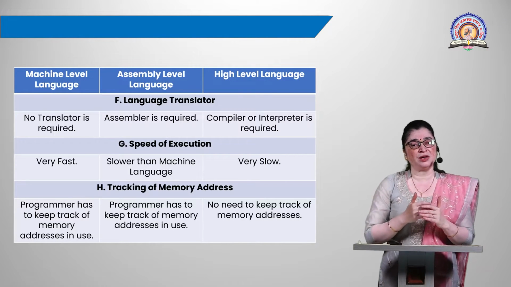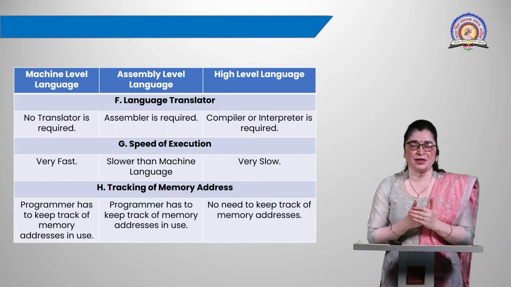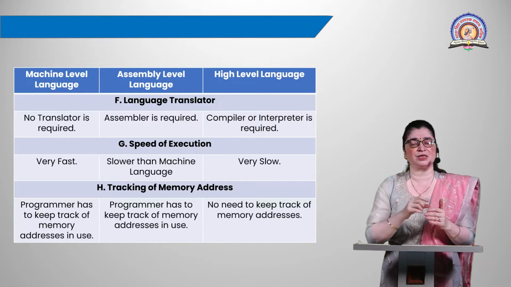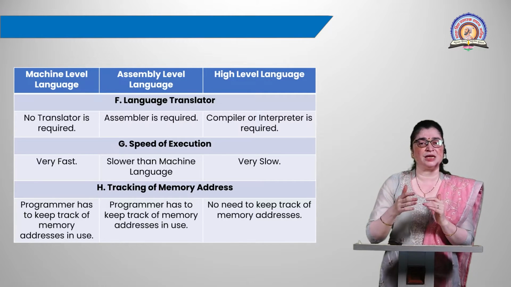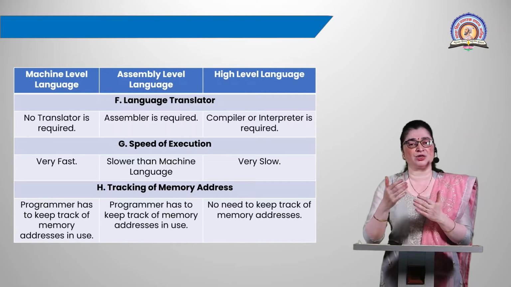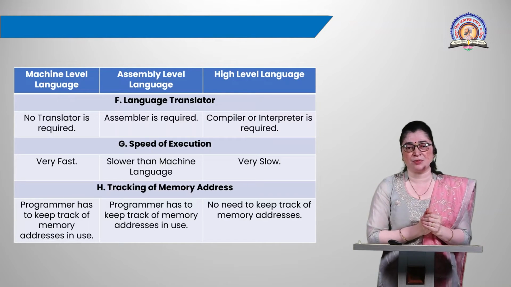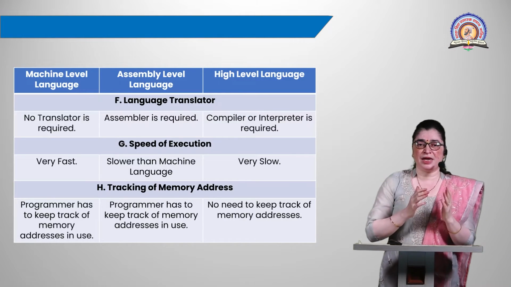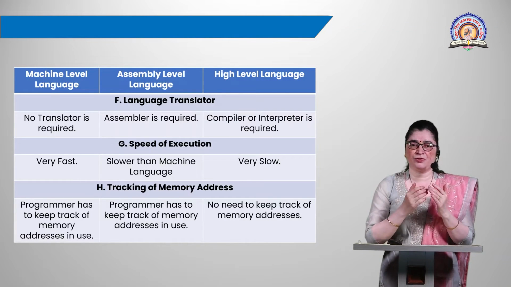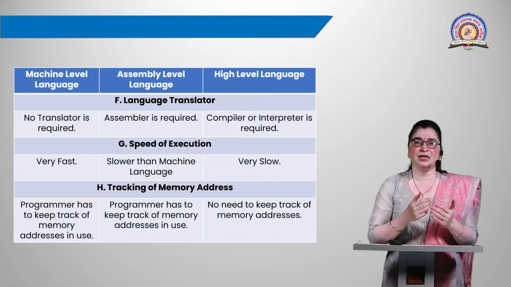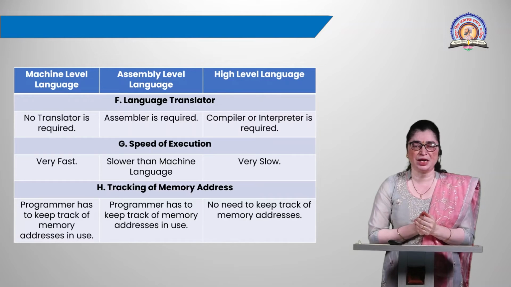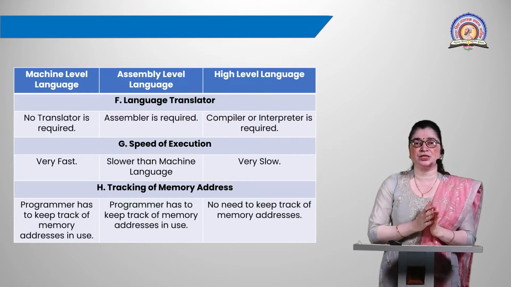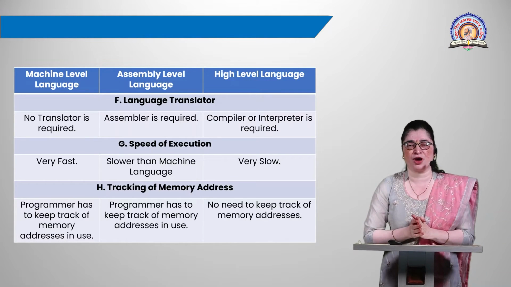The assembler translates one line at a time. First it converts the first line, then the second line, then the third line. And the compiler translates all the instructions at the same time. So in the case of assembly language, we require the assembler, and in the case of higher level language, we require either a compiler or an interpreter to convert the instructions into machine level format.